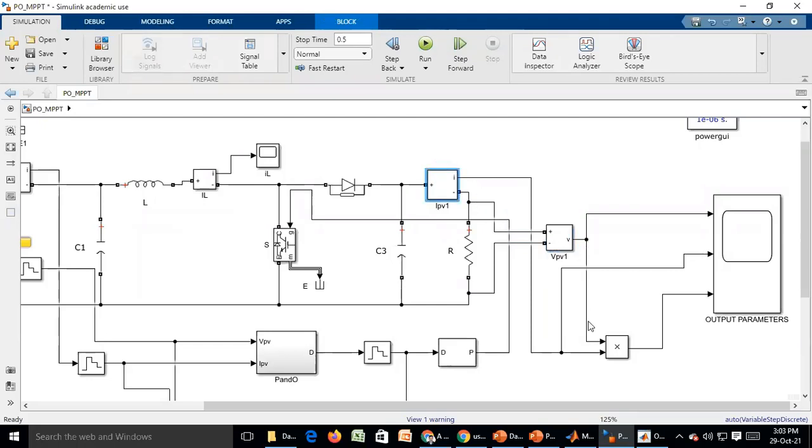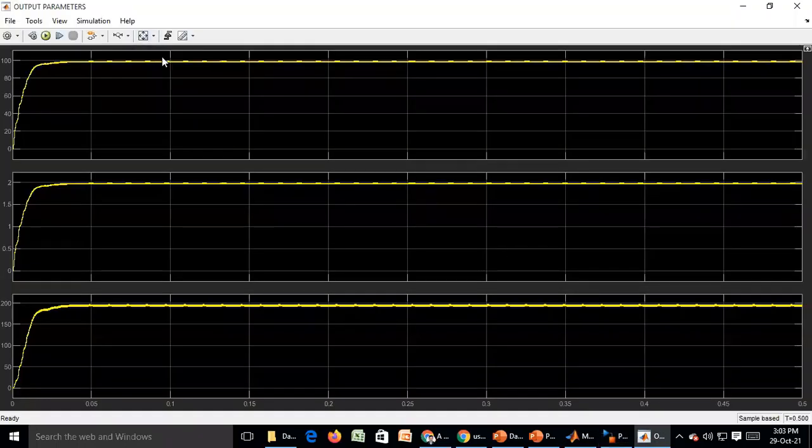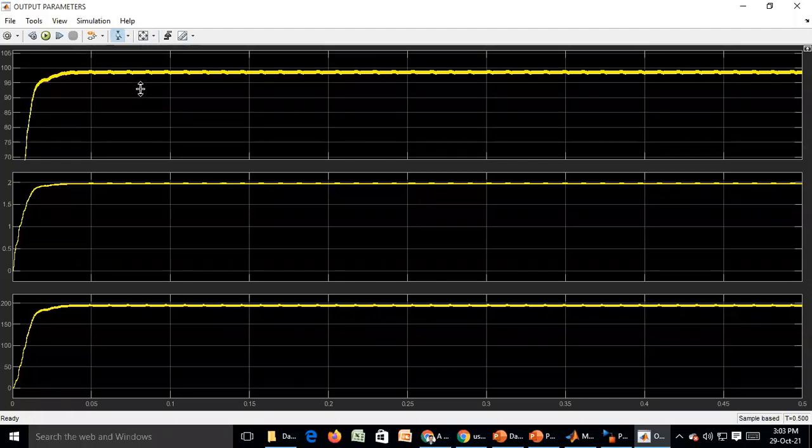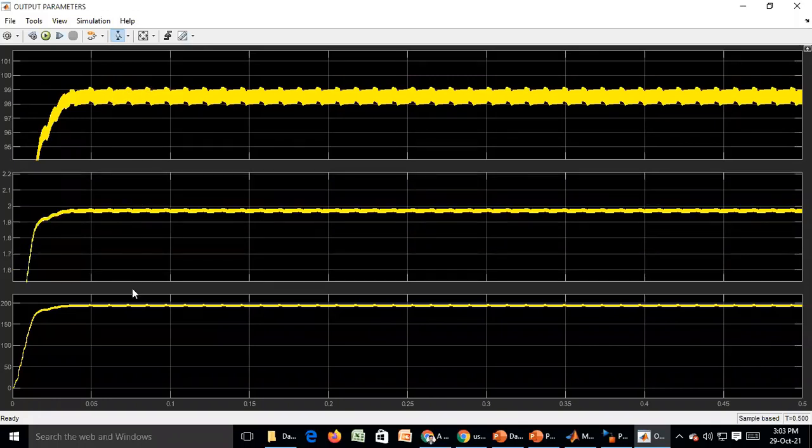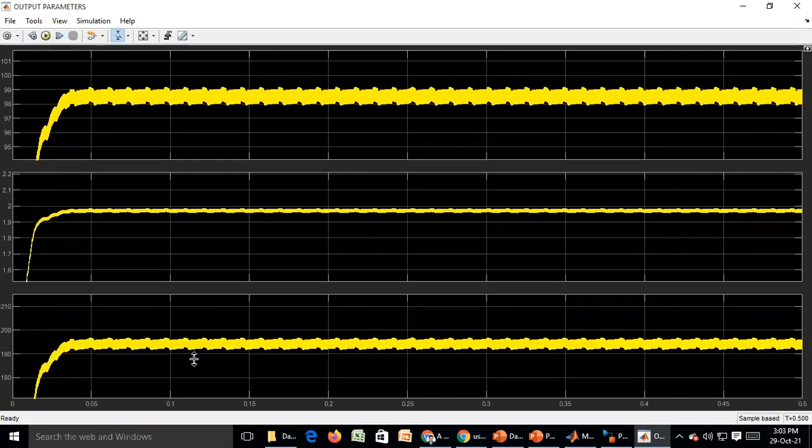Now this voltage source and this current source are multiplied. The third one is the power. First one is voltage, second is current. So voltage is approximately 100 volts, whereas current is 2 amperes. 100 into 2, so you are receiving 200 watts power.